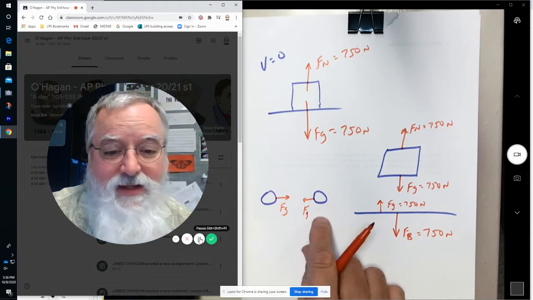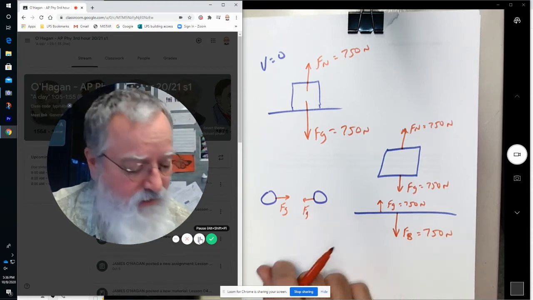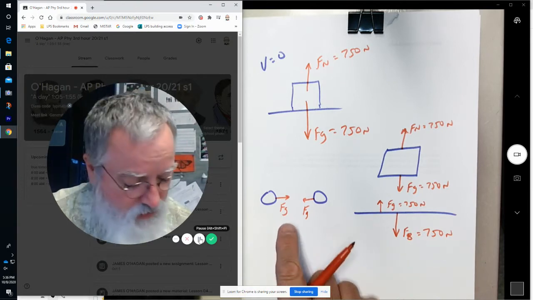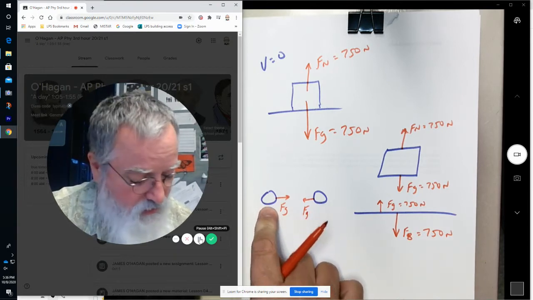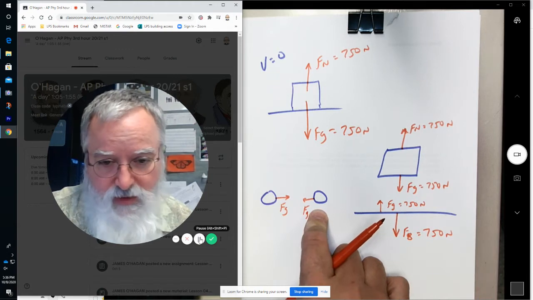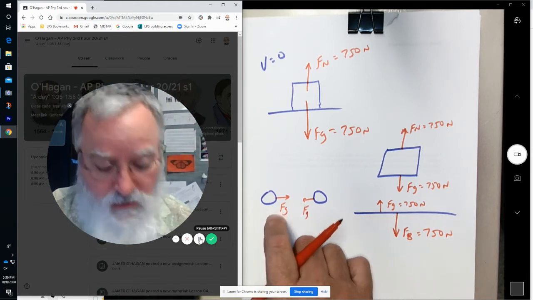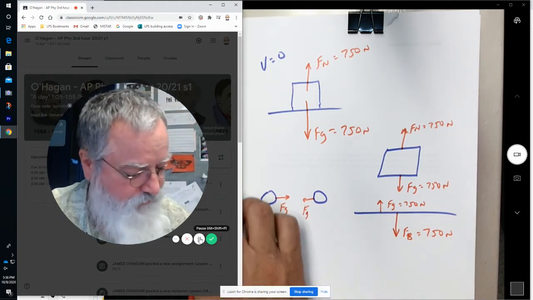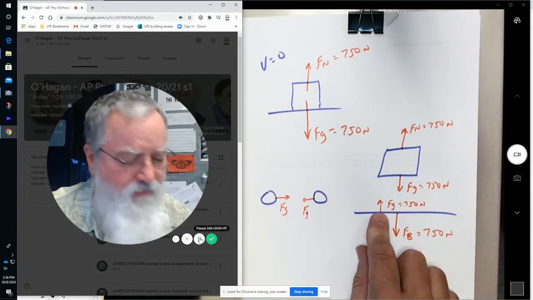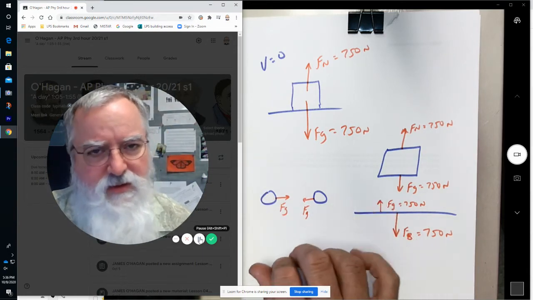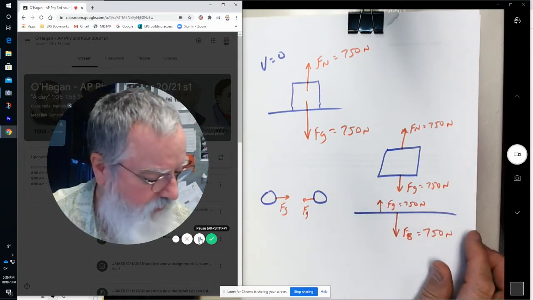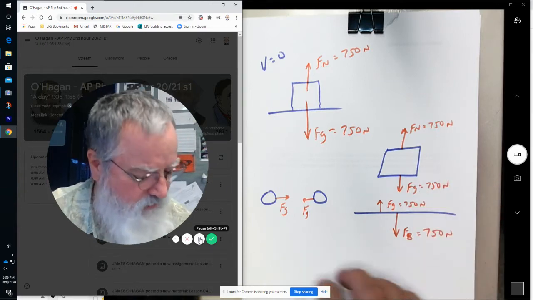And you guessed it, it's the same number, because of Newton's third law. Mass 1 pulls mass 2 with a certain force. Mass 2 pulls back on mass 1 with the same amount of force. This pulls up on the Earth, but the Earth doesn't move because it's so hugely massive. So those are Newton's third law.